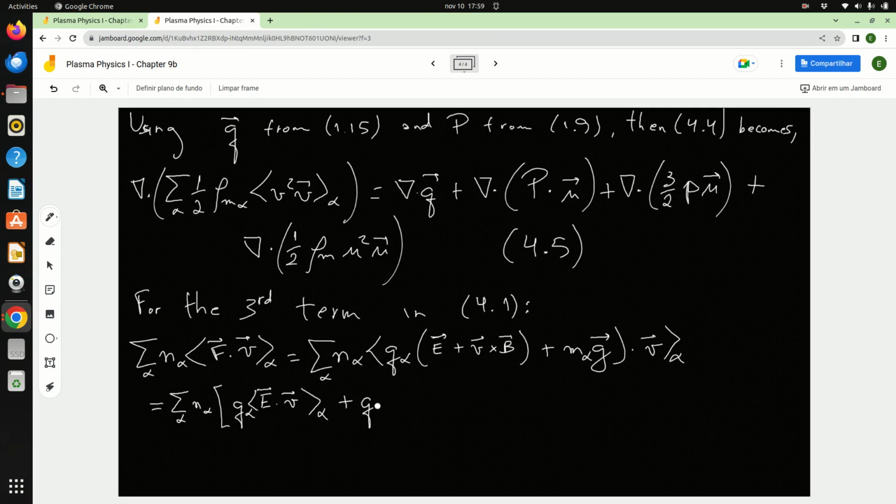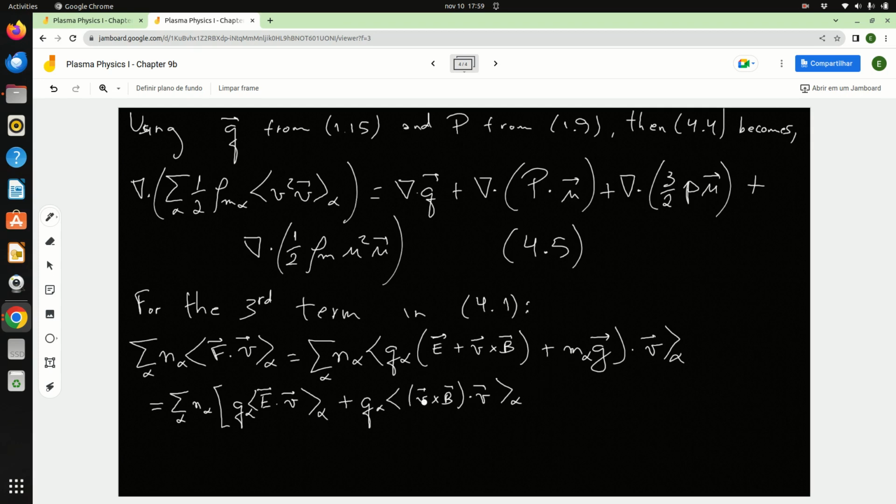Plus, you have for the second term, it's Q V cross B dot V. So we have here V cross B dot V. But now here, V cross B is perpendicular to V, right? Because of the cross product.